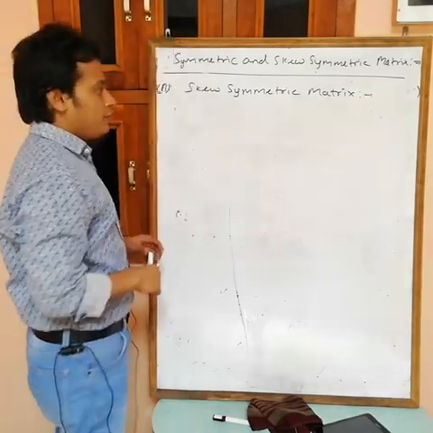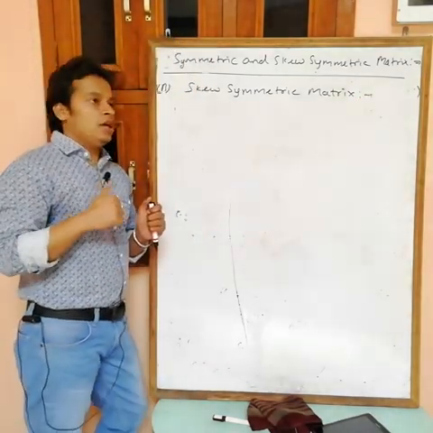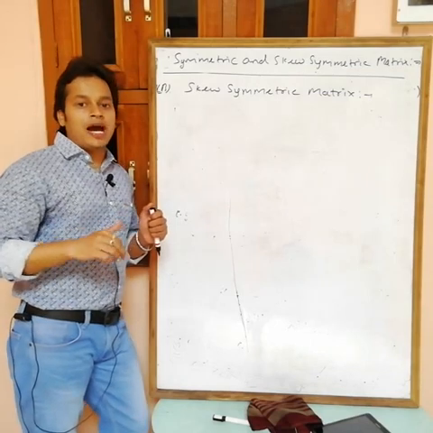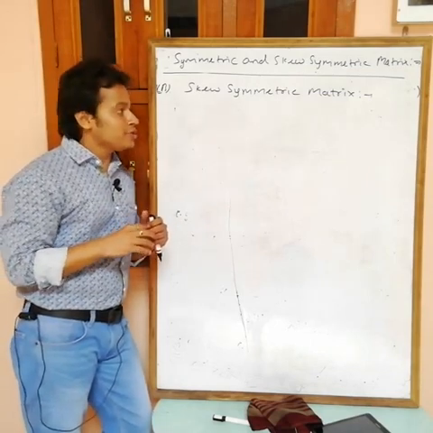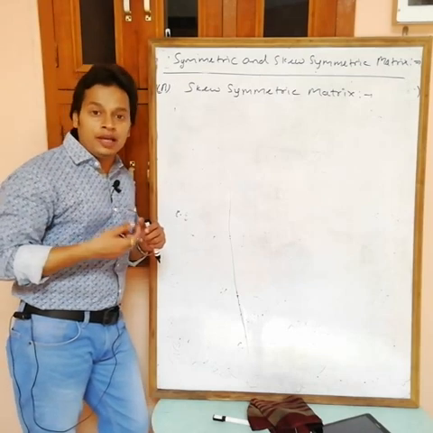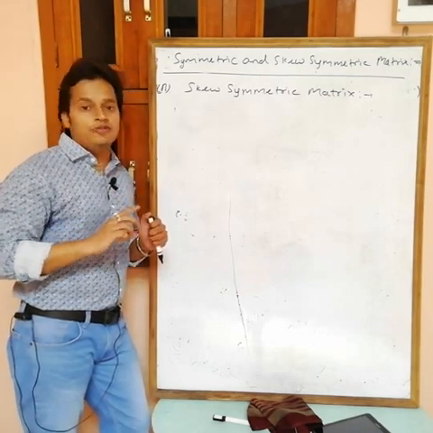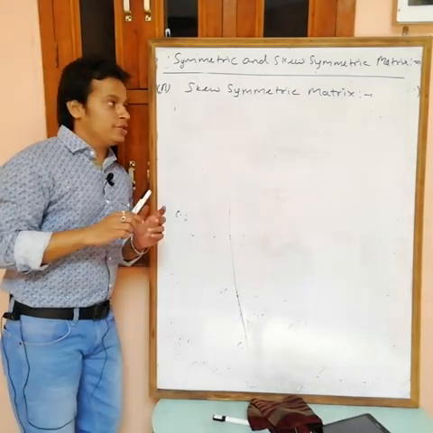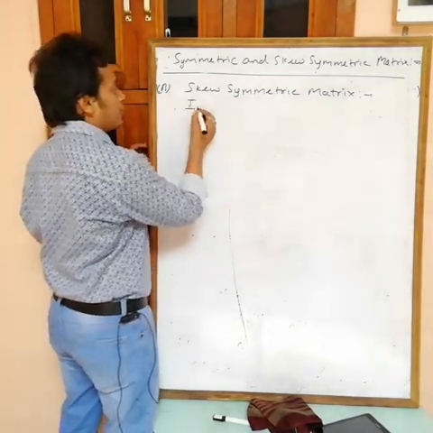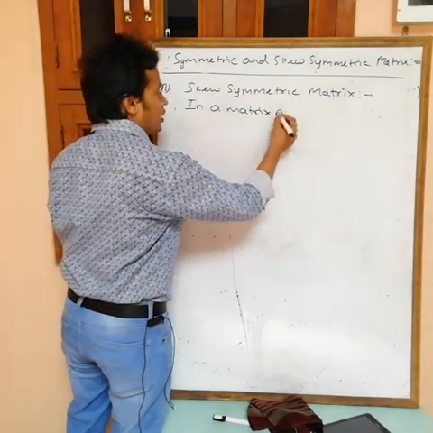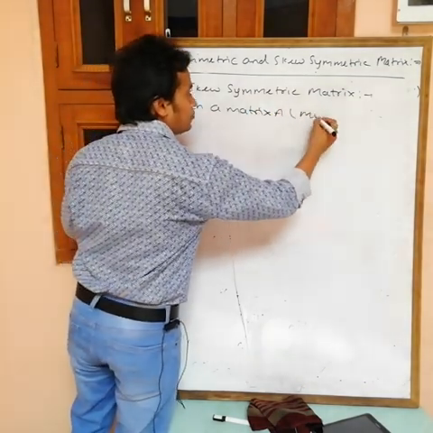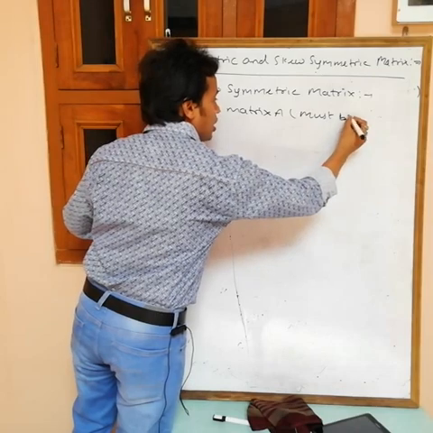Now what is the skew symmetric matrix? In a symmetric matrix we have that the ijth element is equal to the jith element. Now in a skew symmetric matrix, the ijth element is equal to minus of the jith element. See, in a matrix A, again A must be a square matrix.